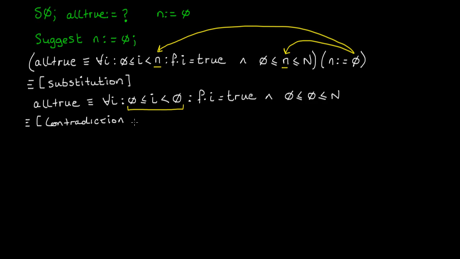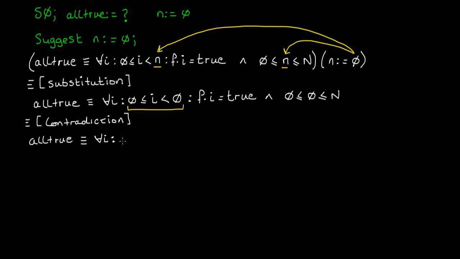It's just really plain old logic, isn't it? I cannot have a range there, so there's a contradiction. And we can say all true is then equivalent to, for all i, well, it's a contradiction, so why am I writing out the range again?